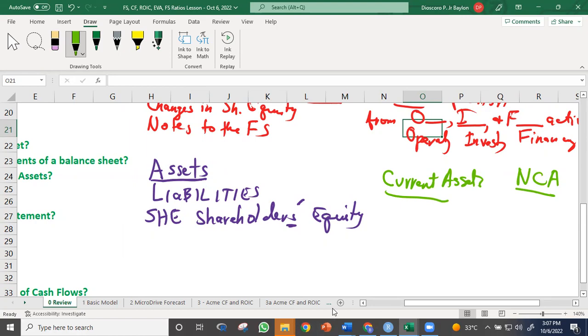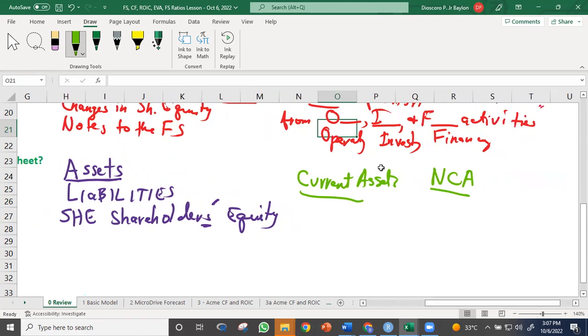So let's identify what are the components, subcomponents of current assets. How are current assets arranged as far as the balance sheet is concerned? The current assets portion. What principle is used in arranging the current assets? Or do you just arrange the preparation of the current assets depending on your mood?